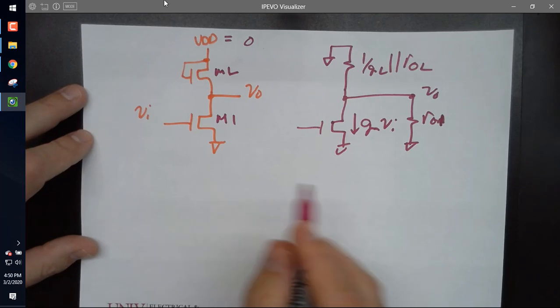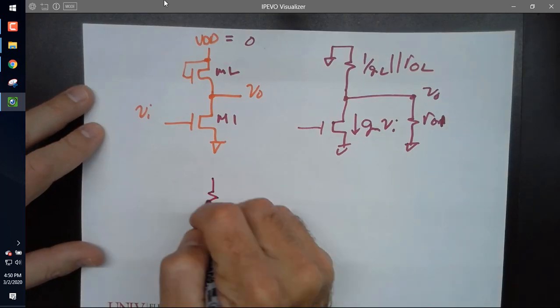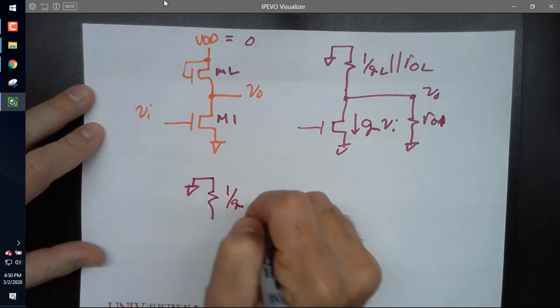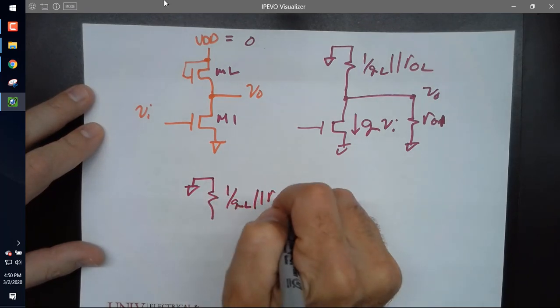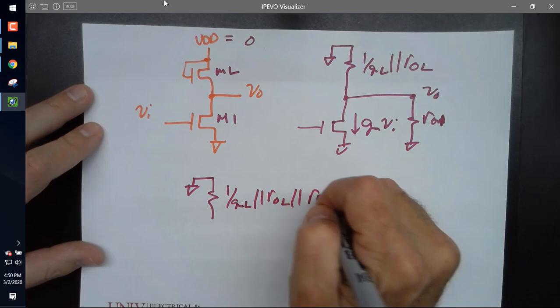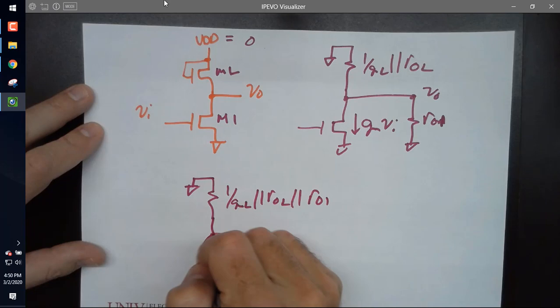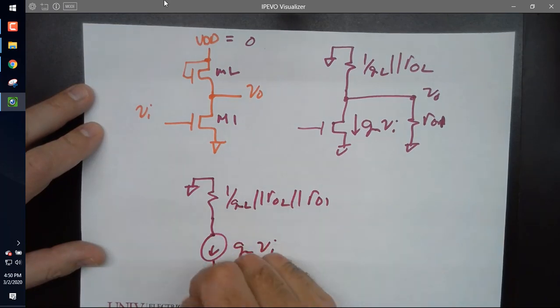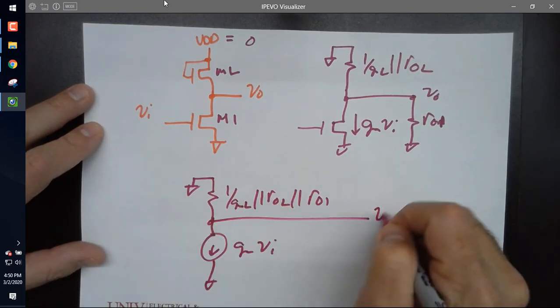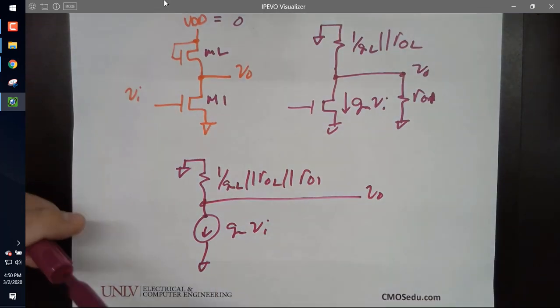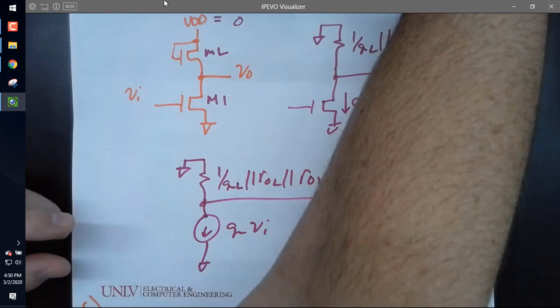Would you all agree that I could replace this with a resistor 1 over GML in parallel with R out L in parallel with R out 1 and a current source which is GMVI? Anybody not follow? Anybody follow?